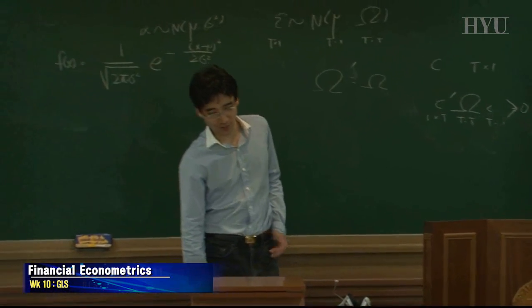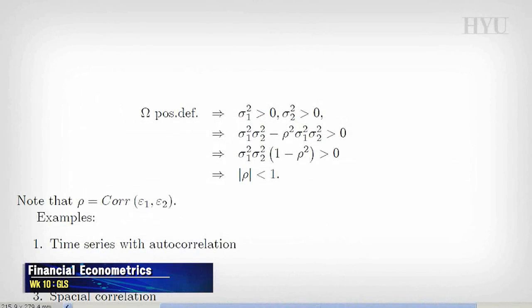And to be positive semi-definite, there are actually easier ways to test positive definiteness of a matrix than the definition. In this case, it's a 2 by 2 matrix. So the diagonal terms should be positive, and the determinant of the matrix should be positive as well. If these conditions hold, then the 2 by 2 matrix is positive semi-definite.